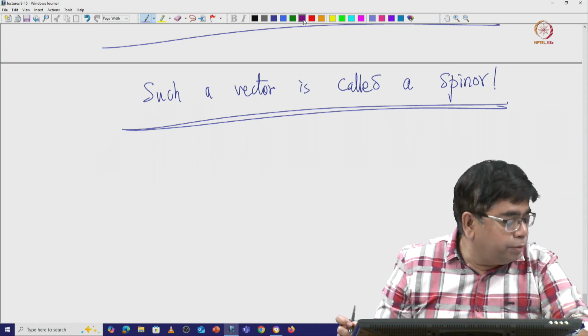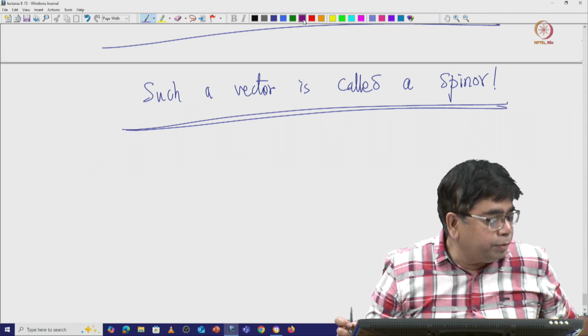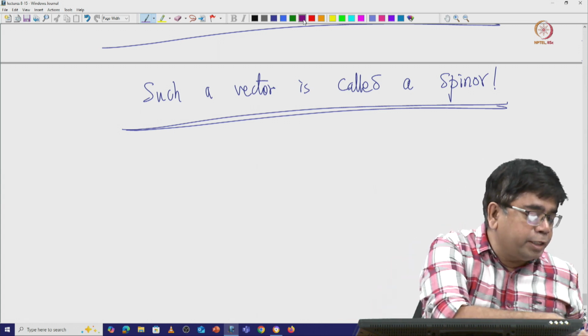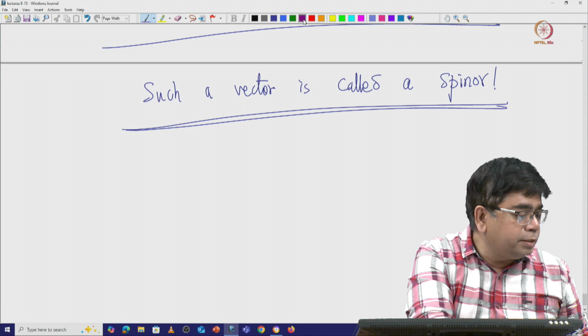So the gamma 0 we have seen essentially, it is 1 0 0 minus 1. What we have to expand essentially is only the off-diagonal entry.